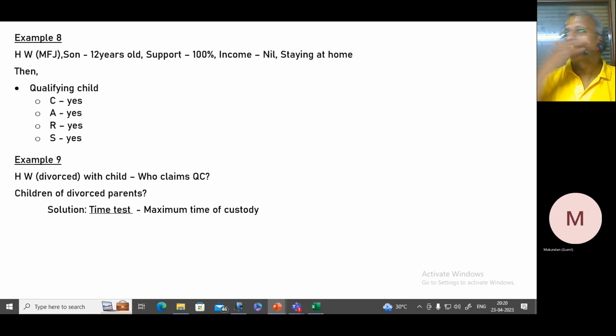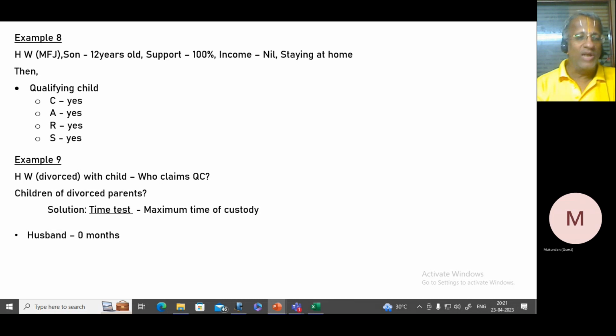And that particular person, I mean the mom or the divorced wife, in her return of income, that is 1040, she has got to file one additional form to say that though I am not qualified, I am claiming because the other person, my ex-partner, is not claiming. So even though a parent is not qualifying, but wanted to do on a mutual agreement between them, they can claim. Say, why at all they want to do that? Let us not go into those details.